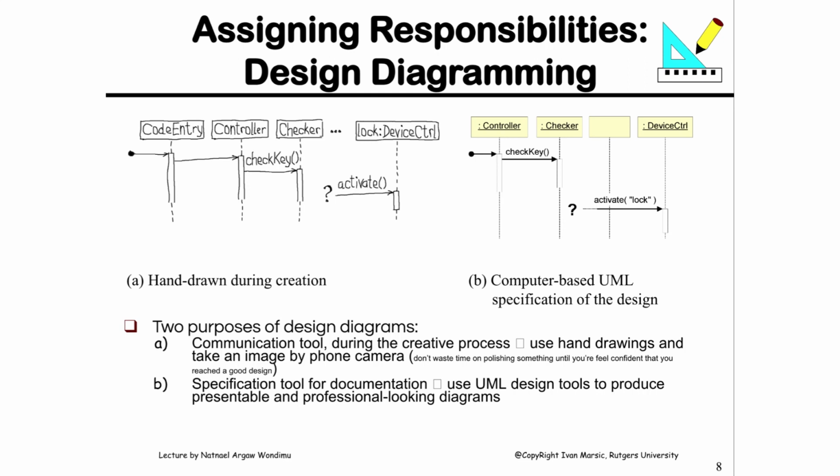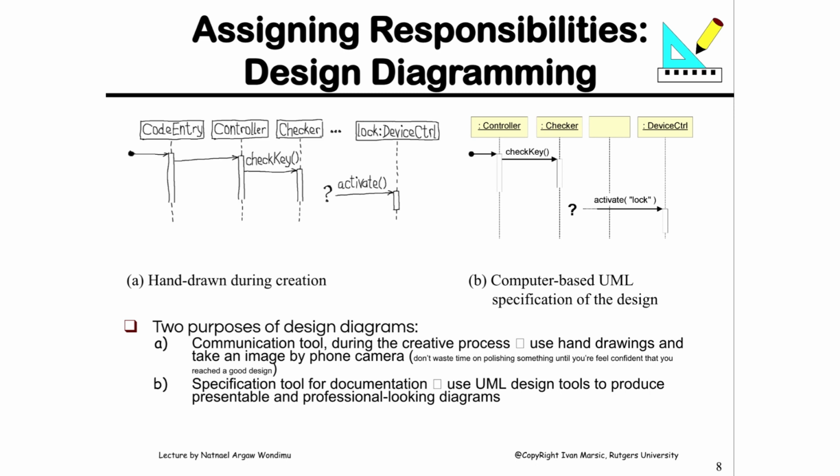So basically, when you start designing your software using dynamic modeling techniques such as the system sequence diagram or module sequence diagram, you are recommended to use hand-drawn sketches so that you will not be deceived by the colorfulness of computer-generated designs.